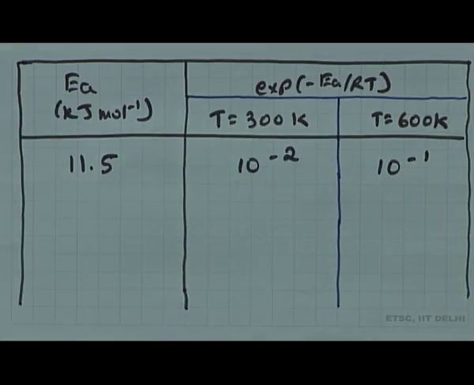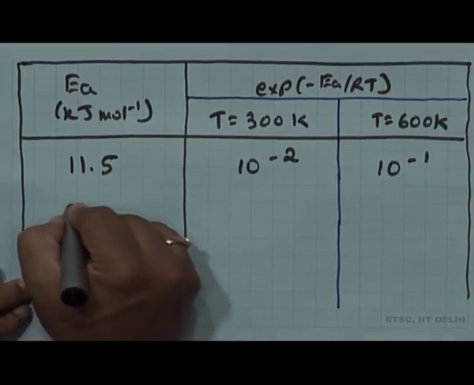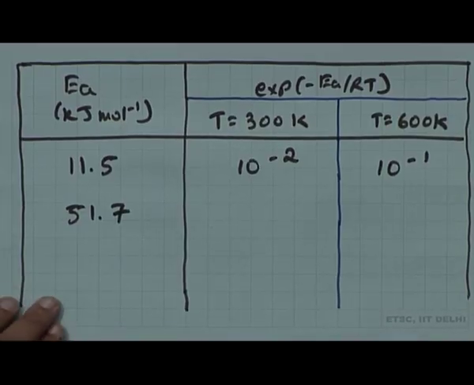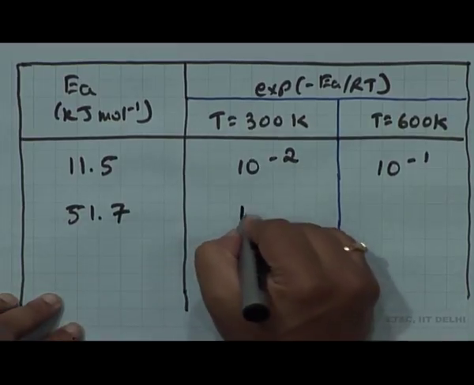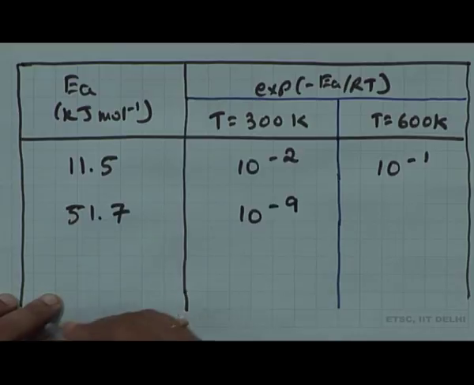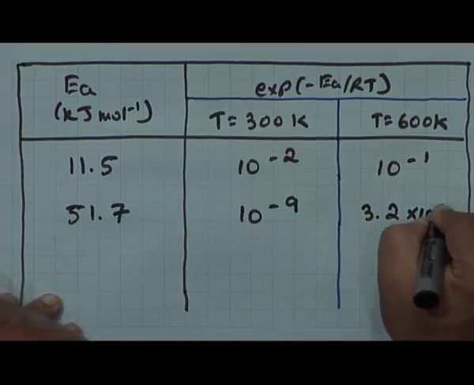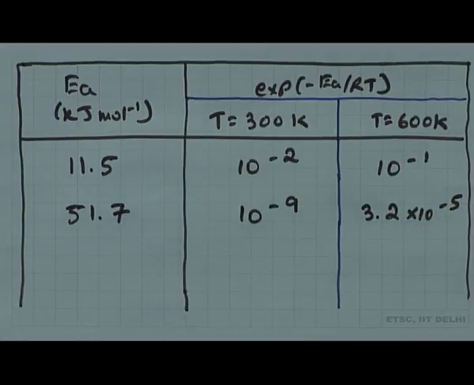minus 1. Let us take another activation energy EA, which is 51.7. Here it is 10 to the power minus 9 and here it is 3.2 times 10 to the power minus 5.